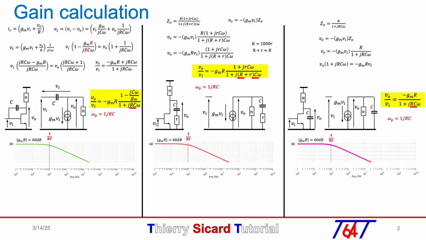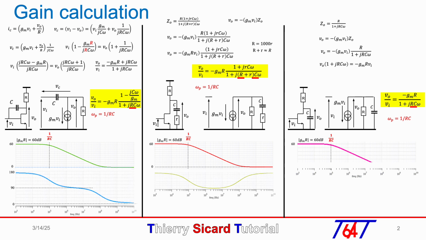If we continue the plot at high frequency for the first two cases, we will see no difference with a minimum gain of 0 dB for both cases. Differences will begin to appear between cases 1 and 2 if we plot the phase of Vout as a function of Vin.